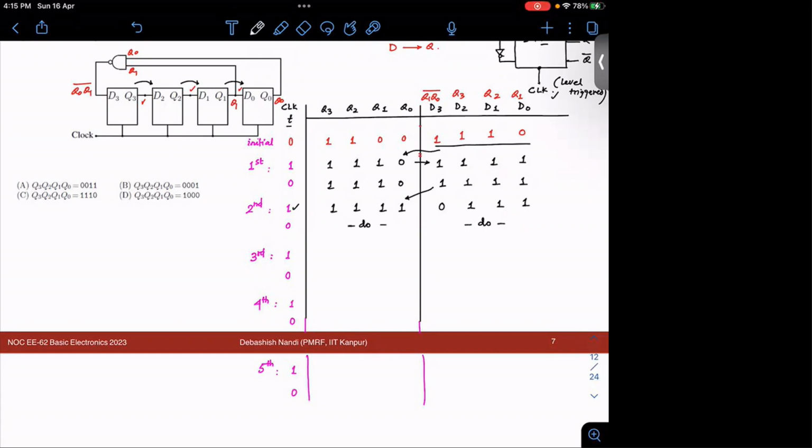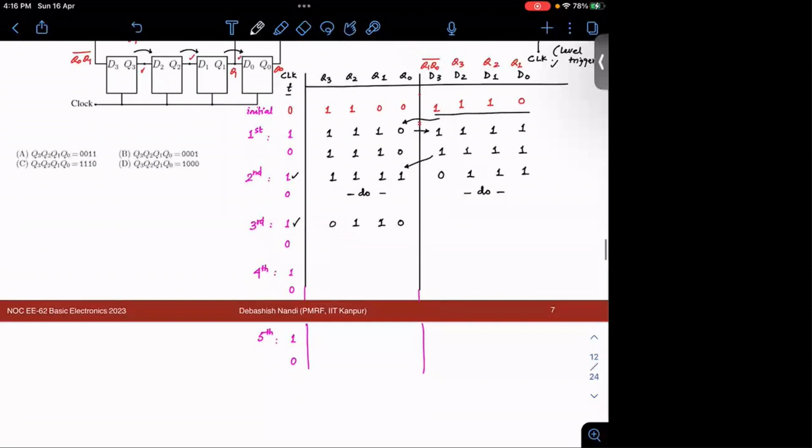Now, whenever the third clock pulse arrives, this output will get the value from its D's, its inputs. So again, this is 1. So basically, this comes here.